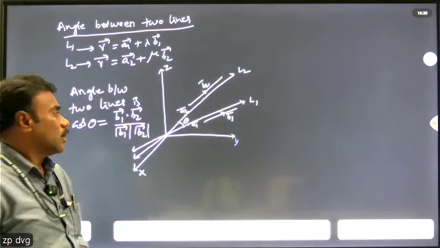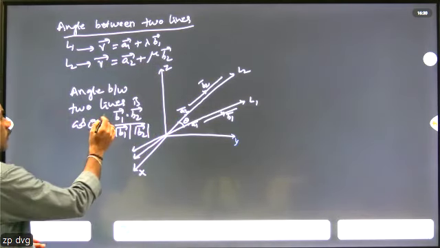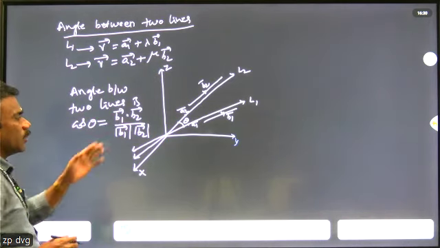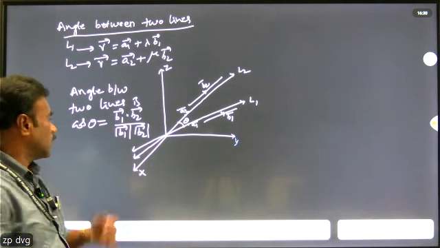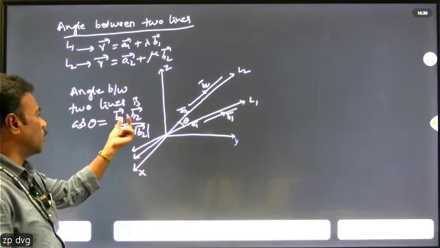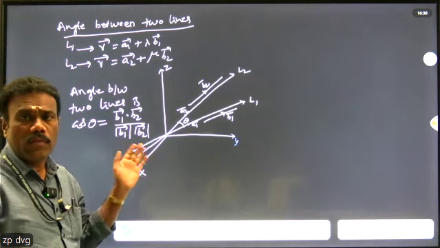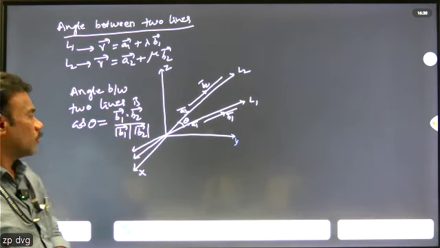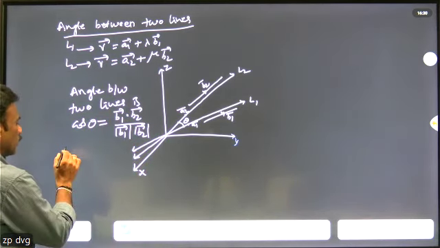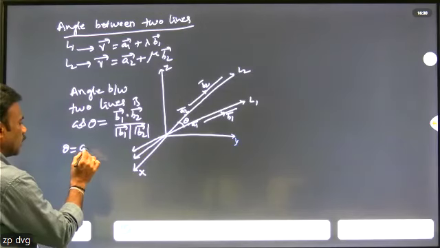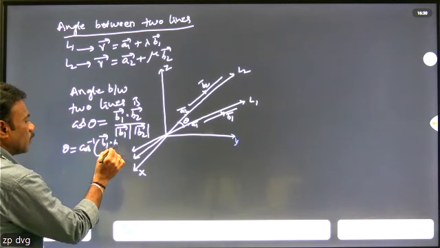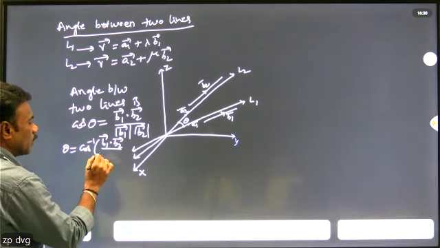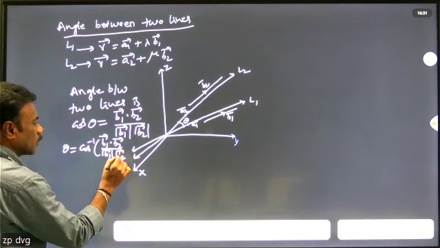If you want the acute angle, you take the modulus of b1 bar dot b2 bar. So generally cos theta is equal to b1 bar dot b2 bar by mod b1 bar into mod b2 bar, and then theta is equal to cos inverse of b1 bar dot b2 bar by mod b1 bar into mod b2 bar.